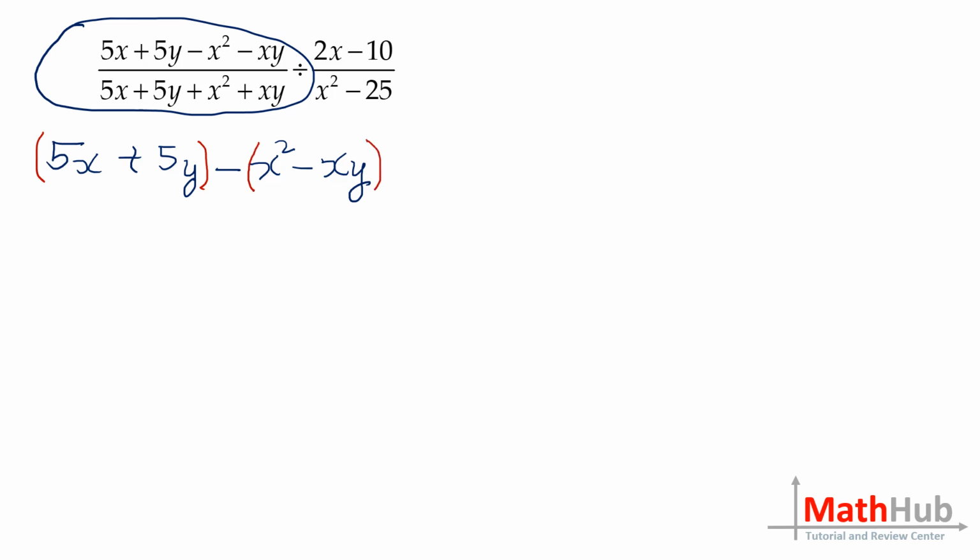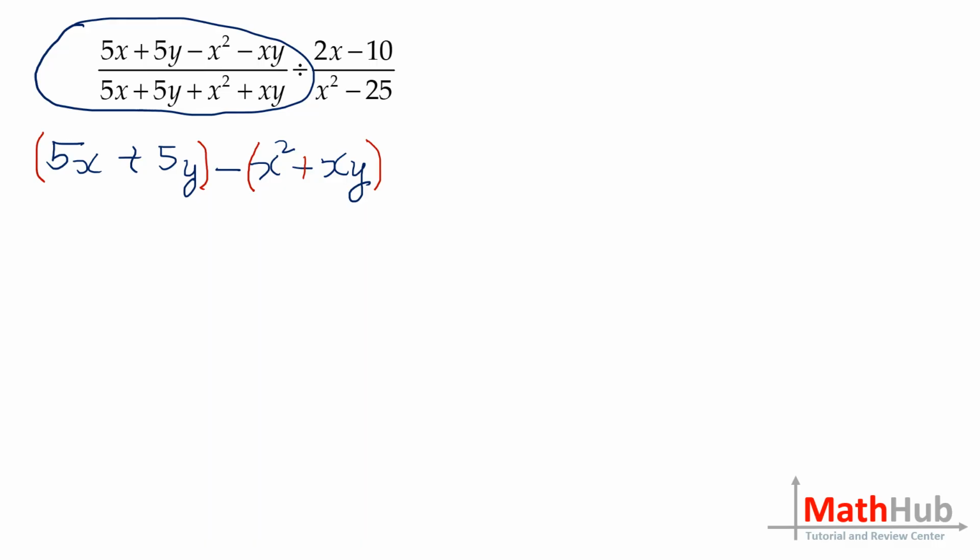Now take note that if you have a minus sign in front of your parenthesis, don't forget to change the sign of the term after the first term. So in this case, the minus xy will become plus xy. Why do we need to do that? To make sure that we're not changing the original expression.